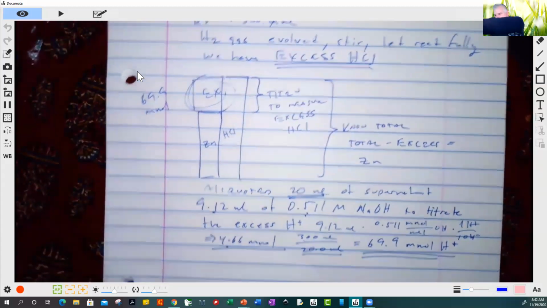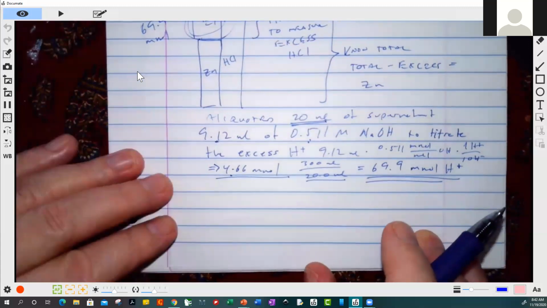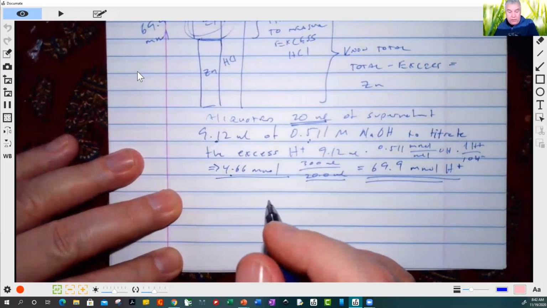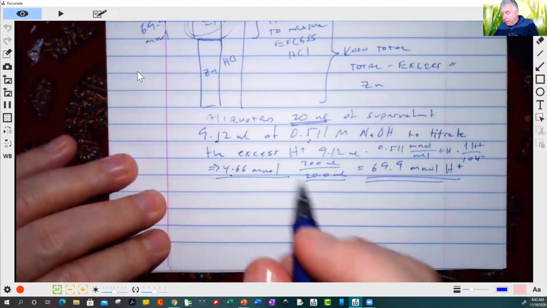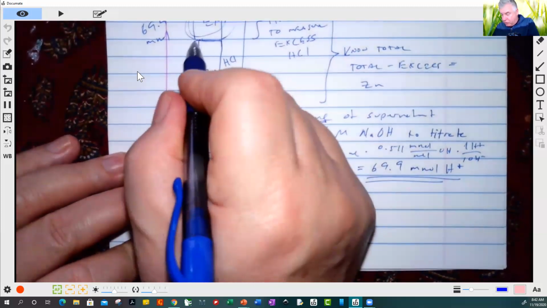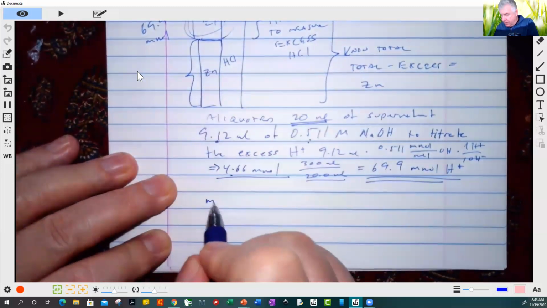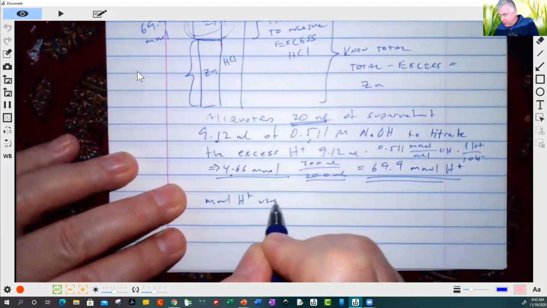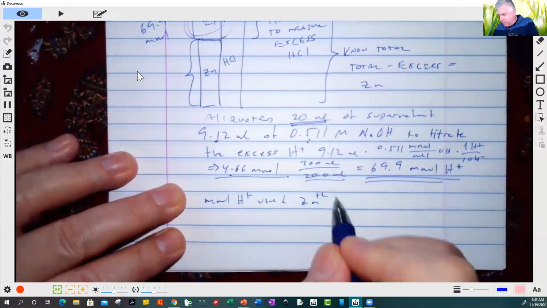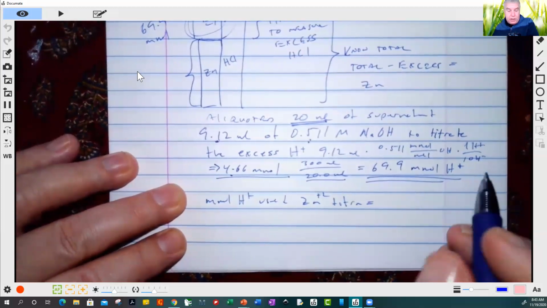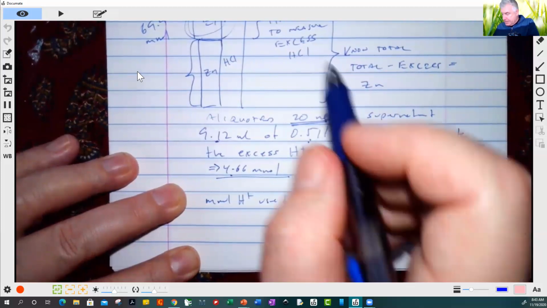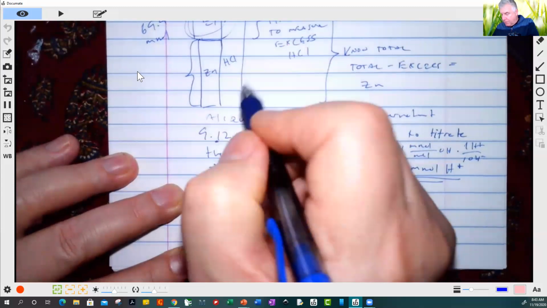Okay, so let's see. The millimoles of zinc consumed here, or let's say the millimoles of H+ used in the zinc titration or reaction, really is, let's see, it's going to be this total amount minus this excess amount.